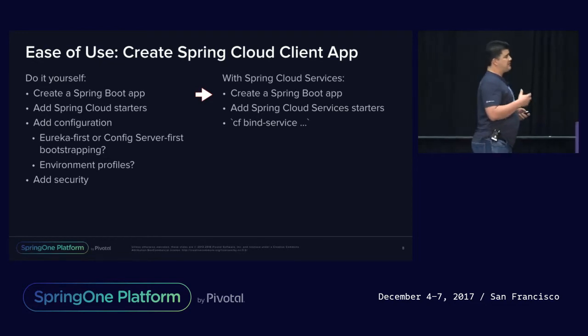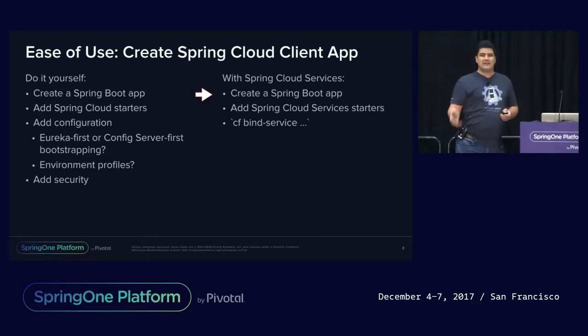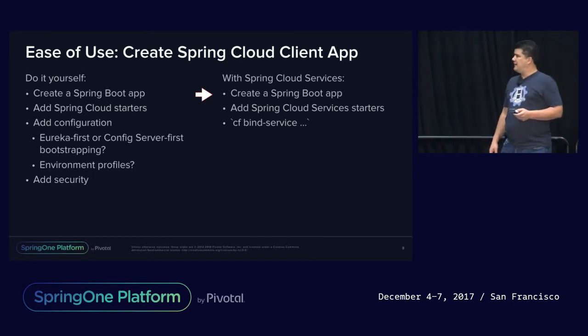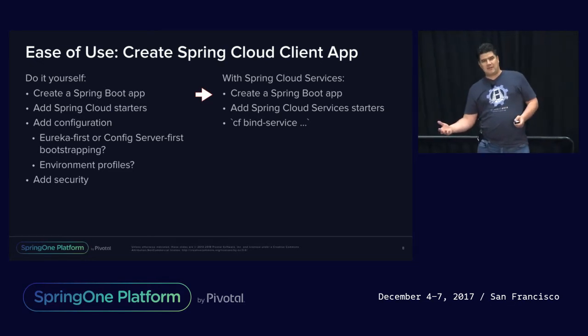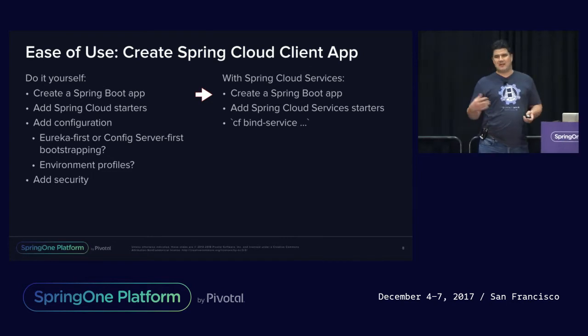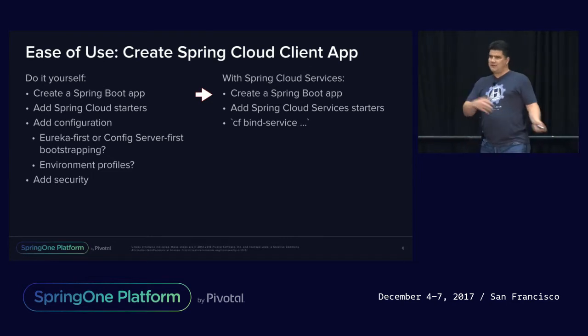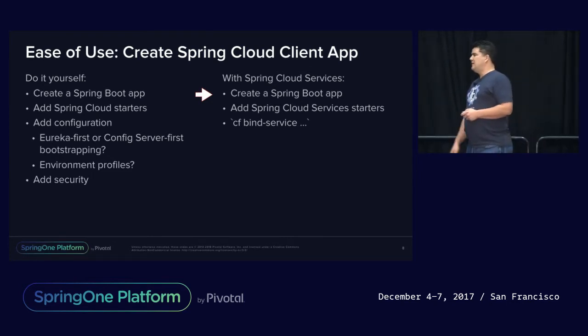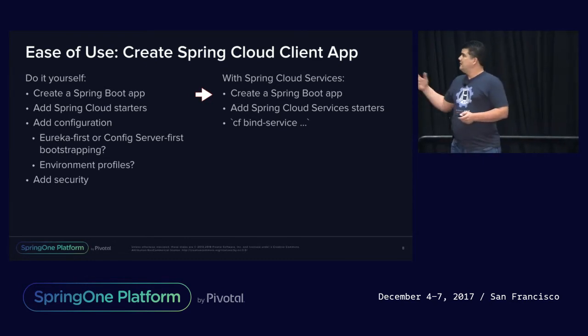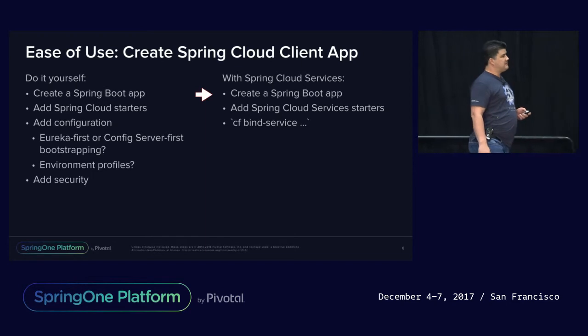So from a client point of view, what I might have to do if I was just using open source, I'd have to create a boot app, add the connector starters, the client-side starters, add some configuration that actually tells it, should I bootstrap the Eureka first or the config server first? And then I'd have to decide on what environment profiles I might need for local development versus cloud development. And then I have to add some security in there as well. Now in Spring Cloud Services, we've made that a bit easier.